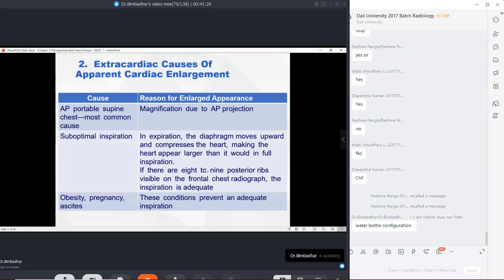But there is another view, where the technician intentionally takes the film in expiration itself. Expiratory films are prescribed in case of a pneumothorax. Don't ever forget this.